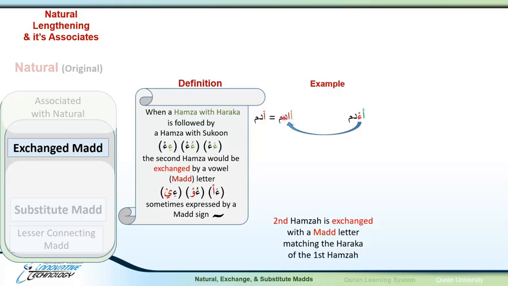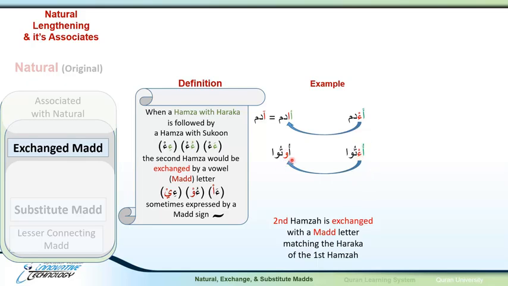Sometimes we take those two alif and a and convert them into one with a mad sign as we have described here. And that especially in the case of the alif. As we see here, this a with a madda sign. Second example is related to the dhamma and waw. U'tu. Second hamza is exchanged with a waw. So u'tu becomes utu, where the waw matches the dhamma of the first hamza.